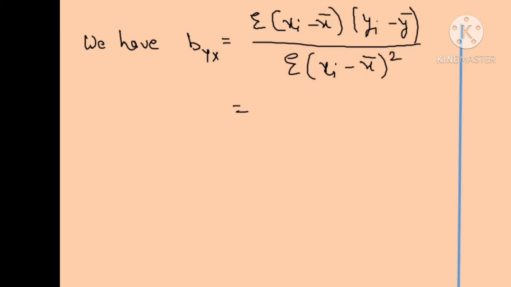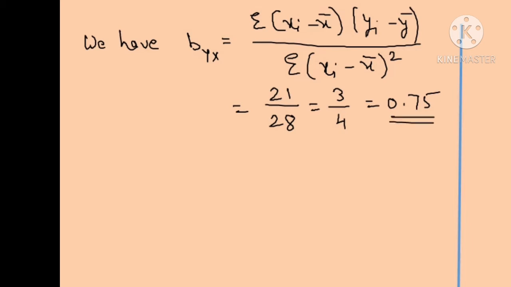So from the table we have got these values equal to 21 upon 28. That is 7 threes are 21, 7 fours are 28. That is 3 upon 4. So you get 0.75. This is your coefficient of regression.